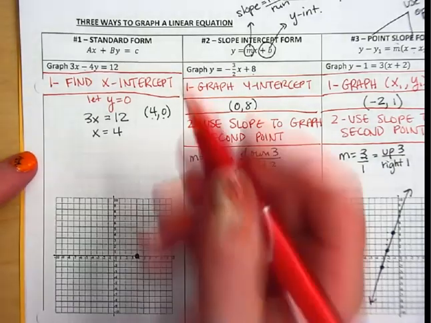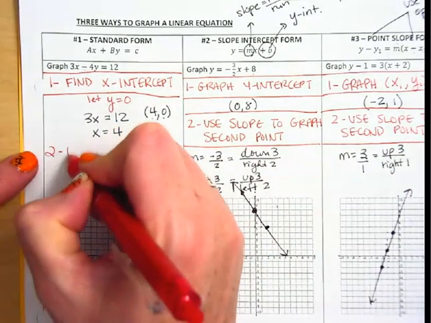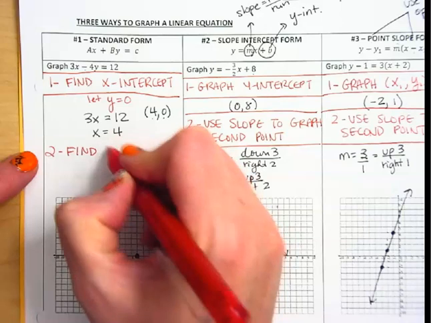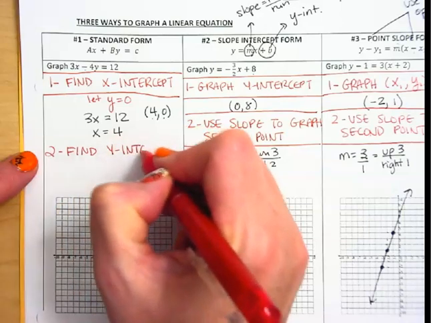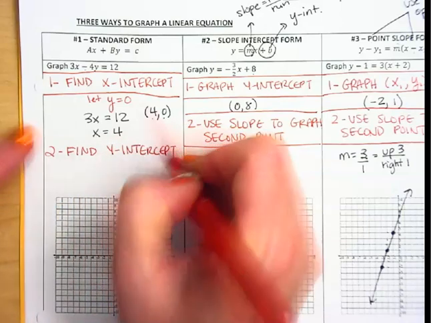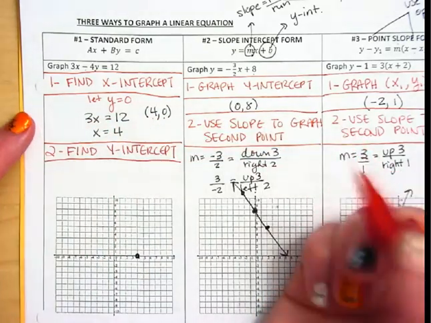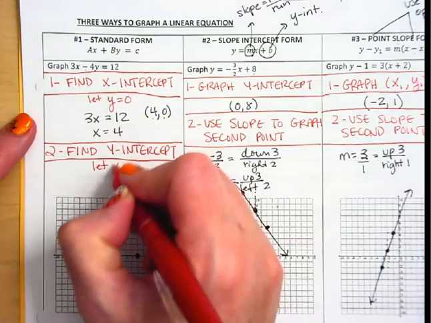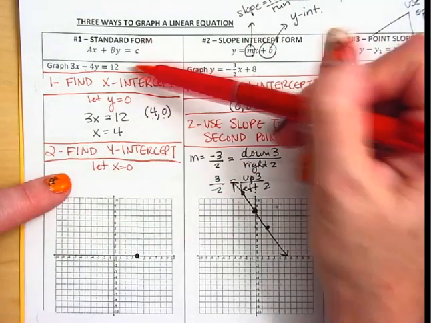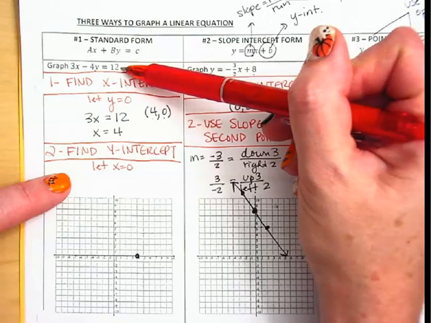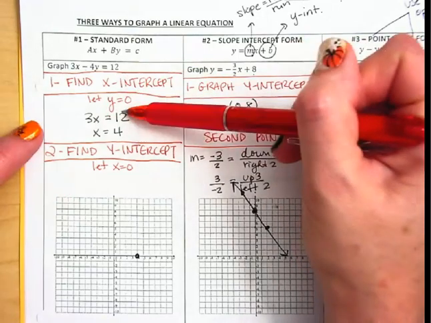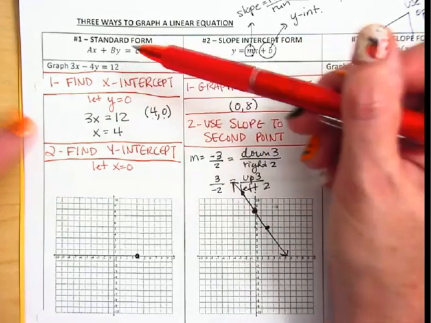And now I will do the same procedure for the y-intercept. So find the y-intercept. And in this situation, we're going to let x equal 0. And we're going to do that in the original equation, not this one that we used in step 1. We're going to go back to the original equation.